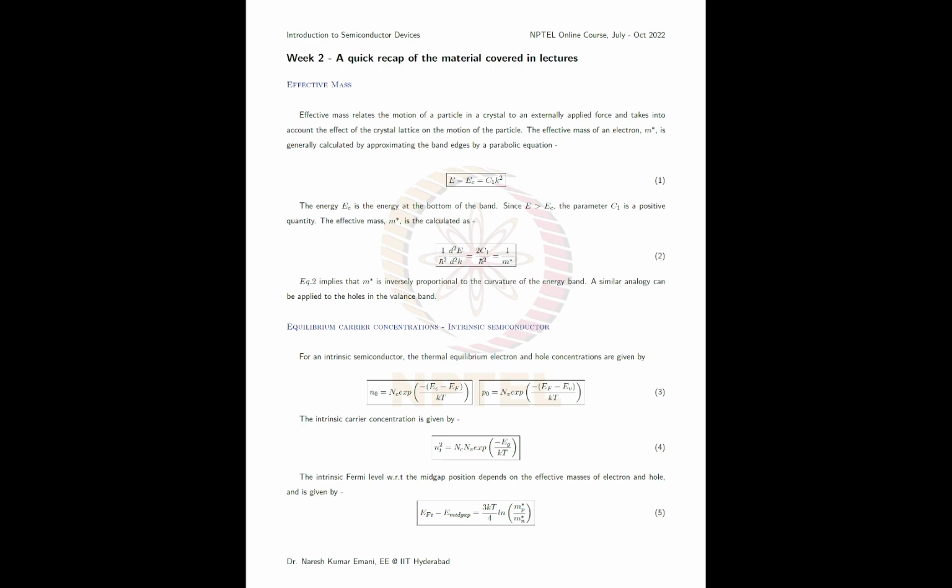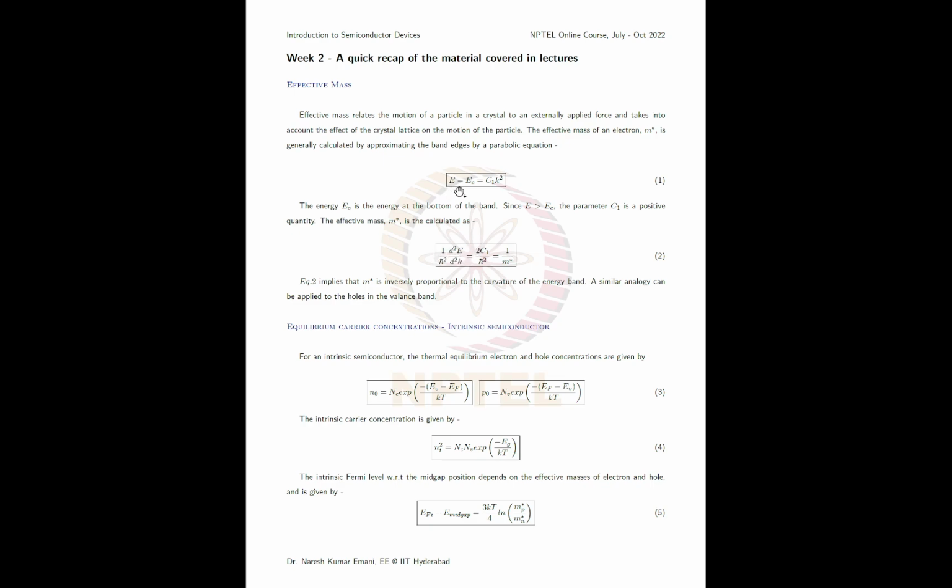In a parabolic shape, when you calculate the mass of the electron by fitting in the equations, you will find that the mass of the electron has changed. It is now behaving as if it has a different mass. That is called effective mass, and it is calculated by approximating the band edges by fitting a parabolic equation.